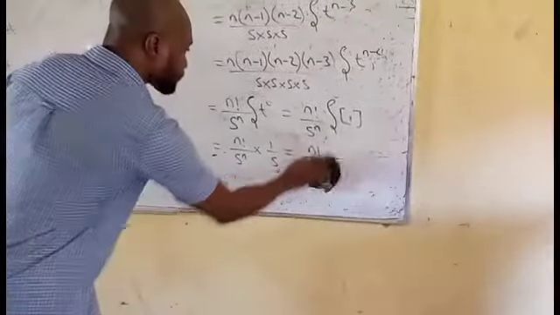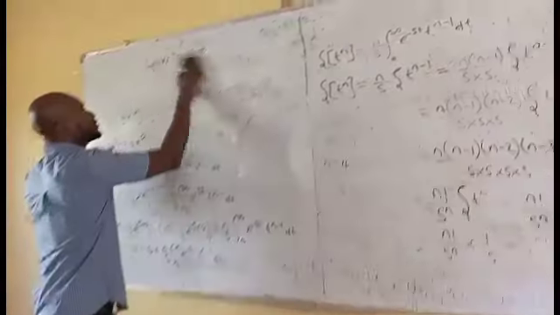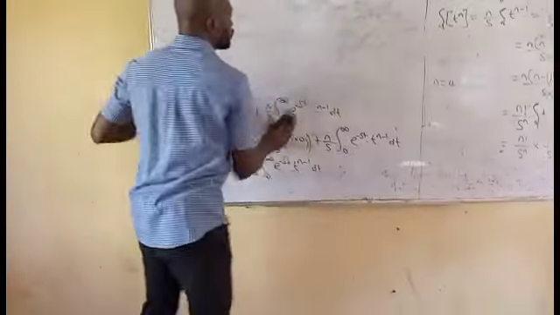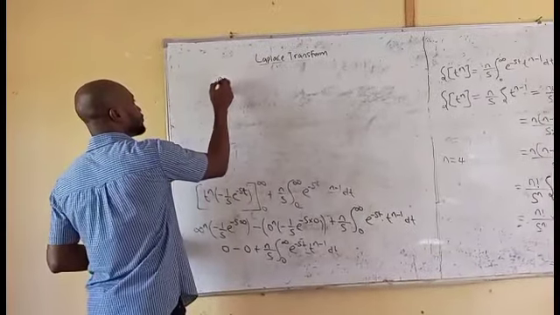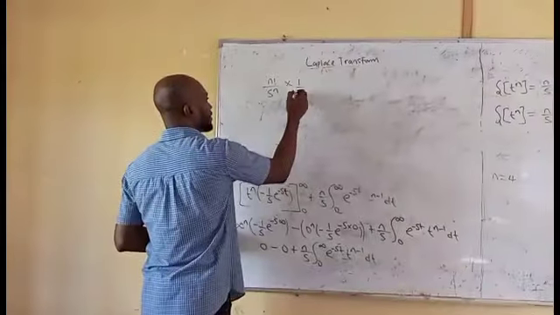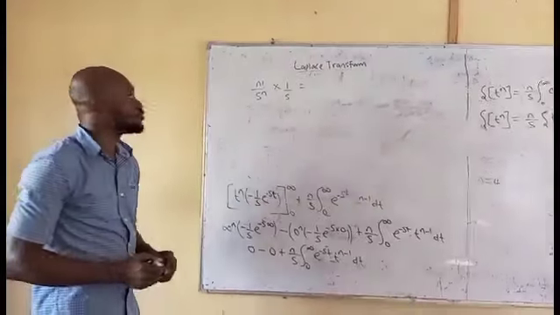Okay, let me move to this other side. Then you have your n factorial all over s raised to the power of n times 1 over s. So your s is the same thing as s raised to the power of 1.